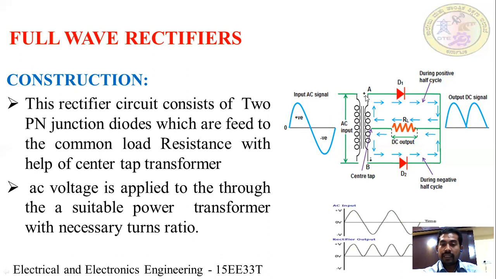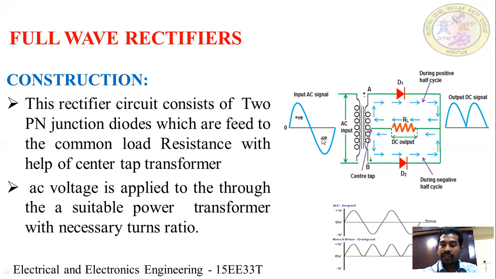Hence the diode D1 is under forward biased condition, the diode D2 is under reverse biased condition. Hence the current flows through the load, that is IL, which is equal to ID1.